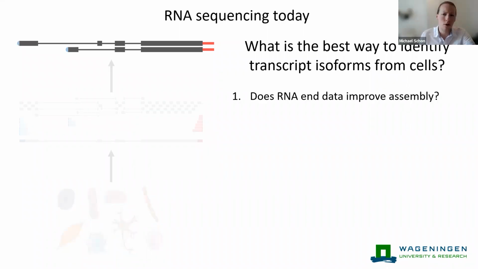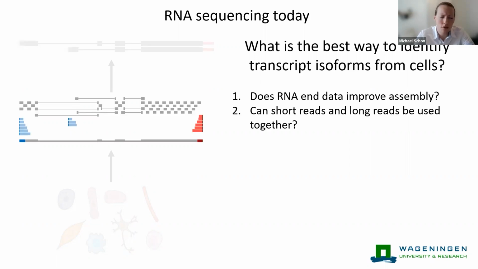I really wanted to know, does including RNA end information, basically experimental evidence from RNA 5' ends and 3' ends, where they start and end, help you build a better annotation of transcript isoforms? I was also interested in the diversity of RNA sequencing methods and whether it was possible to combine or integrate different data types in order to build a better assembly.